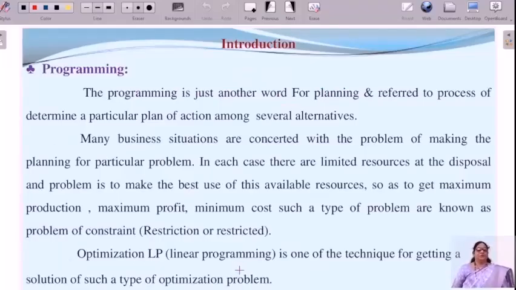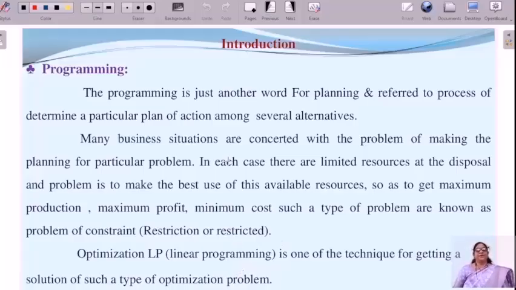Now I would like to ask one question: what do you mean by programming? When you hear the word program, what concept comes into your mind? Obviously, planning.